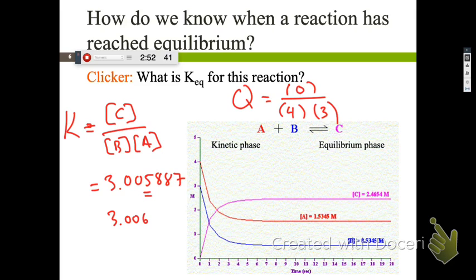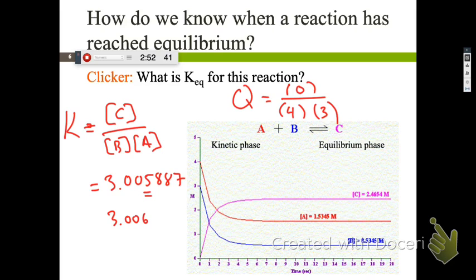I know it's undefined, but think about it: is it really big or really small? If the denominator is 0, it means that it's an infinitely large number. That helps us place whether it's bigger or smaller than K, because if you just say undefined, it's kind of useless.